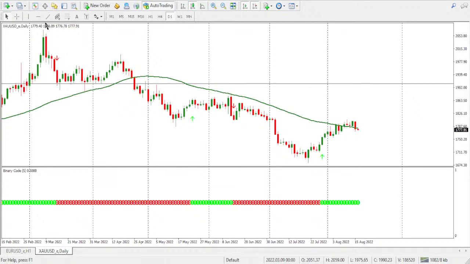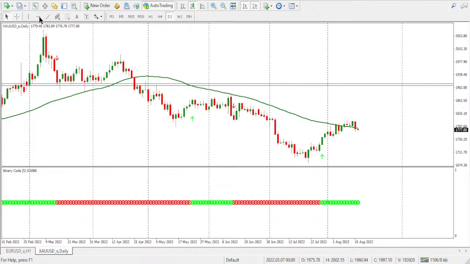When the price went below this level, we have been in a very good downtrend. Currently the price is showing us a sign that maybe we could head upwards, but I'm not going to recommend a buy position unless the price clearly breaks above this level here.